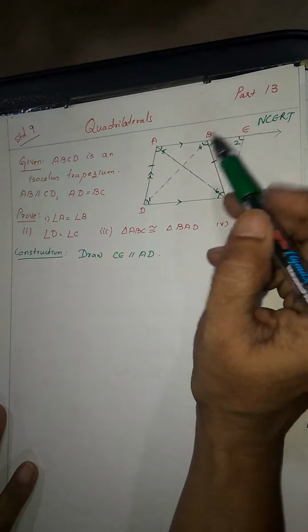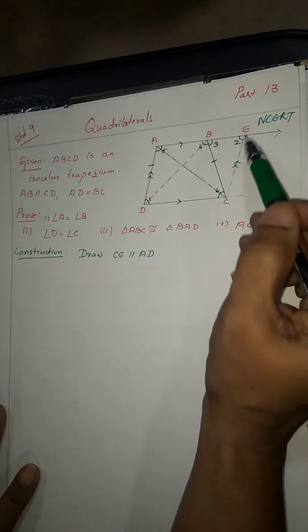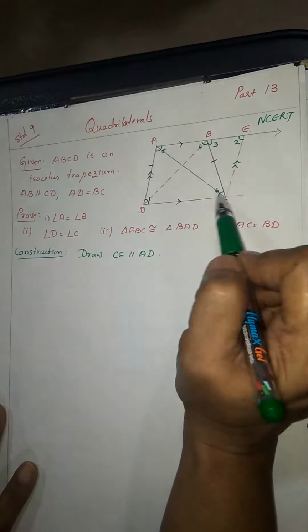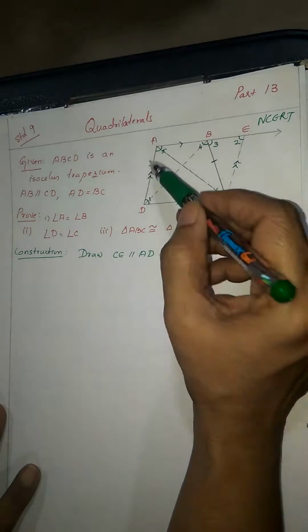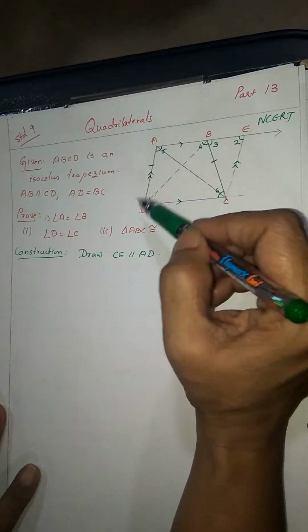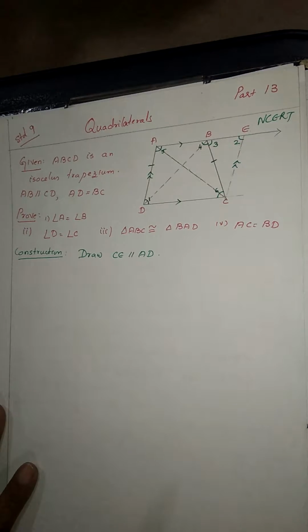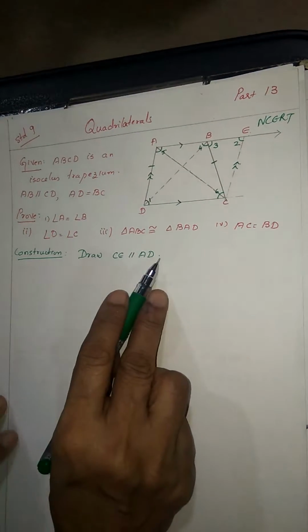So now we can say ADCE is a parallelogram because already AB is parallel to CD is given. Now we are drawing a line CE parallel to AD. Therefore ADCE is a parallelogram. So let's start with that. Construction: draw CE parallel to AD.